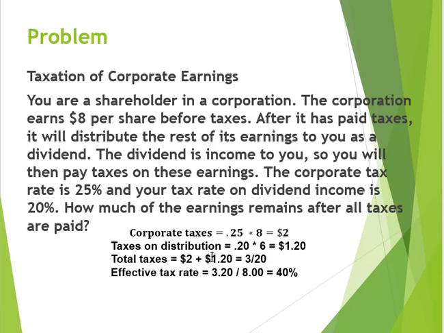So the taxes on the distribution then, since $2 goes to the government for their corporate taxes, that means there's only $6 left in net income. That's $1.20. So the taxes paid is $3.20. So the effective tax rate for a corporation is 40%. $3.20 was paid on $8 worth of income.